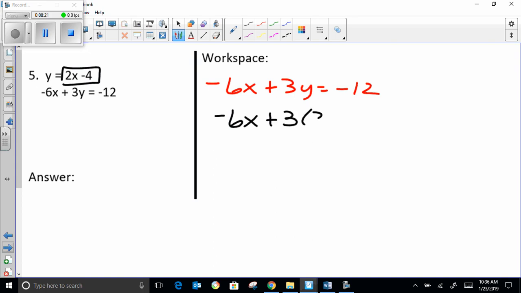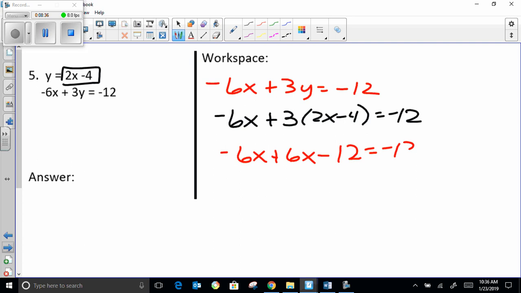Plus 3 times (2x minus 4) is equal to negative 12. Use distributive property in order to solve for x. Negative 6x plus 6x minus 12 is equal to negative 12.